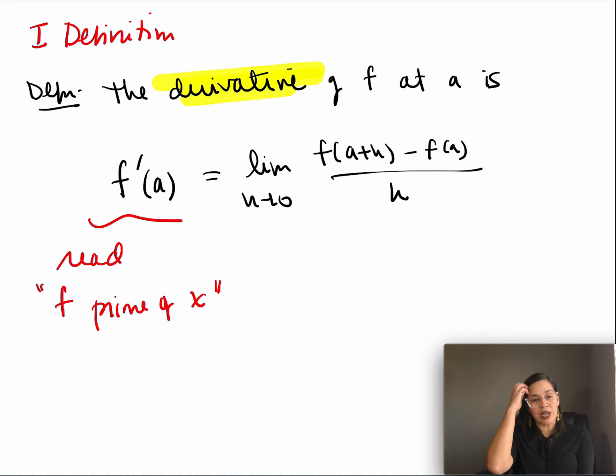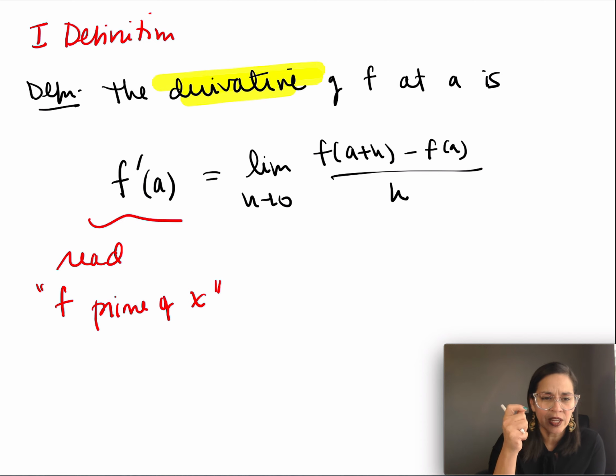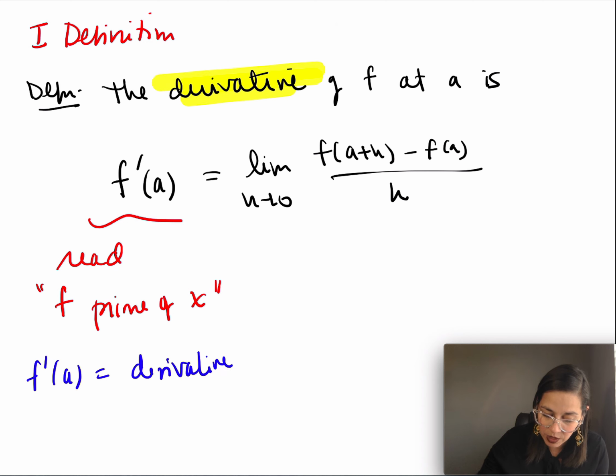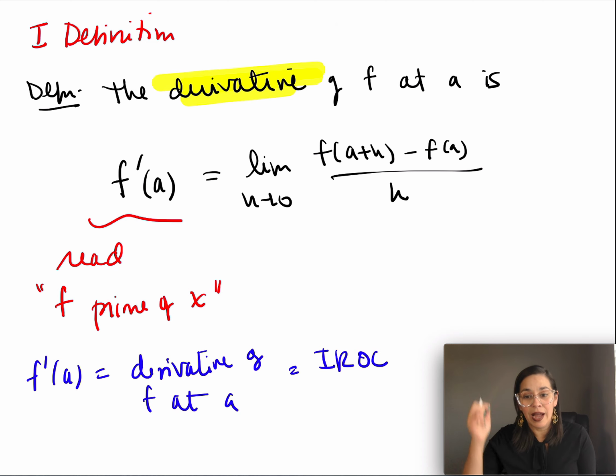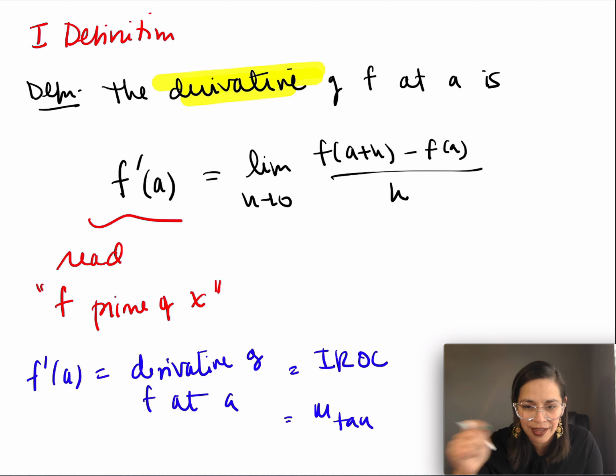So from now on, whenever I say f prime of a, I'm talking about the derivative of a function f at a, which is the same as the instantaneous rate of change. So f prime of a, the derivative of f at a, is the instantaneous rate of change of my function f at a. It's the slope of the line tangent to the graph of f at a.